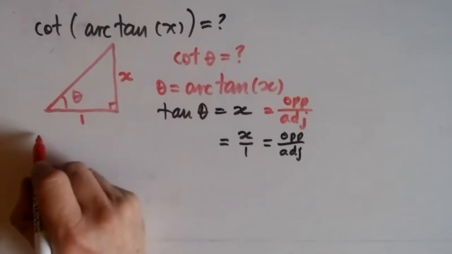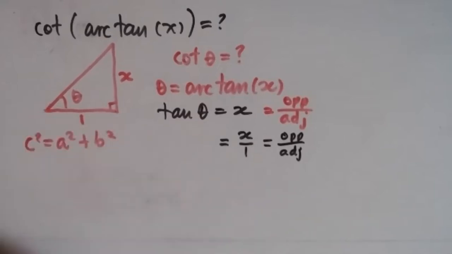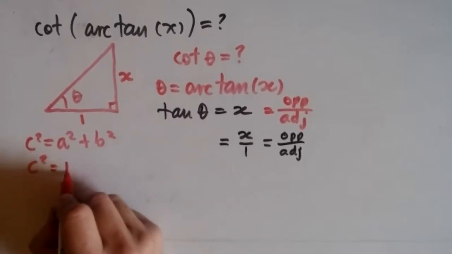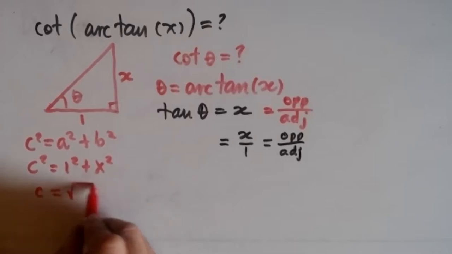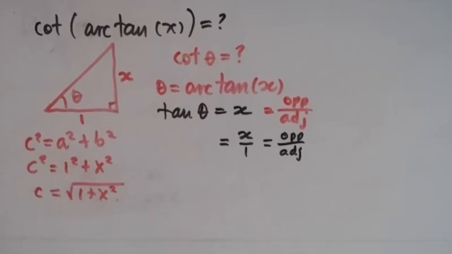Then I have to use again the Pythagorean theorem. c squared equals a squared plus b squared. So c squared, that is this side, is going to be 1 squared plus x squared. And because I don't want the square, I have to find the hypotenuse by taking the square root, correct?